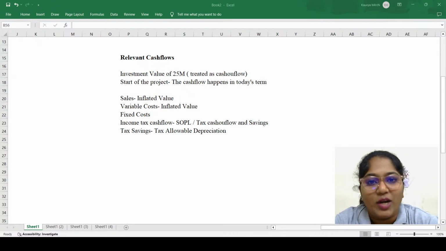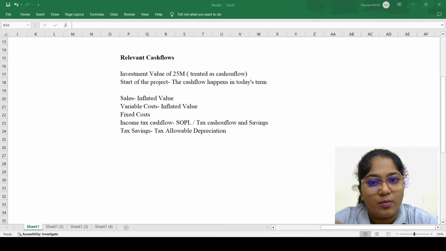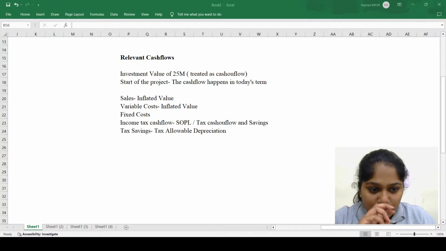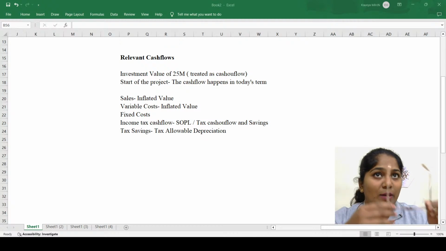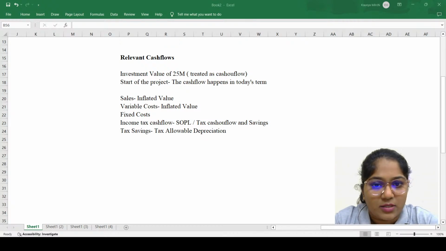Now we have to know what the income tax cash flows are. It's about what profit you are making, and it's also about what your tax savings are. Understand, guys, to find out the total income tax cash flow, there are two methods to follow. What are those two methods? One method is about finding out your statement of P&L account.